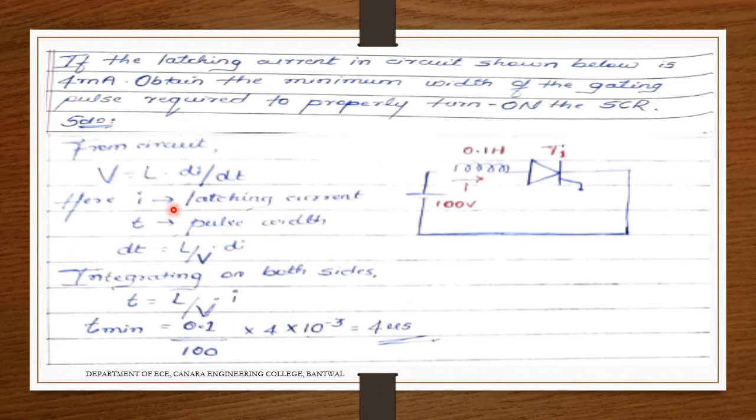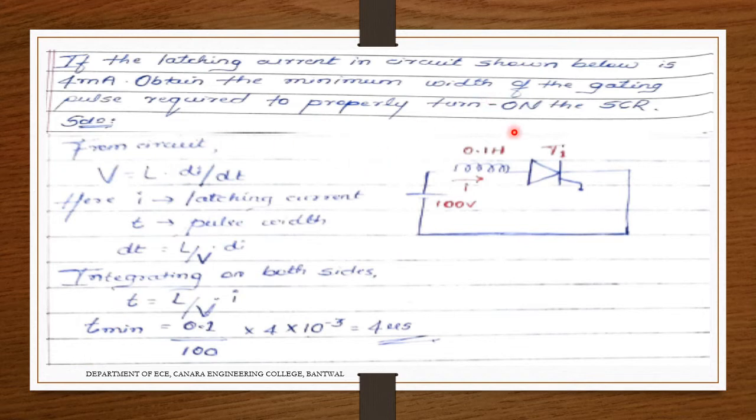What I require is the T, the pulse width, where I is the latching current. So dt is equal to L divided by V into di. Integrating on both sides, T is equal to L divided by V into I. This is the minimum time required.